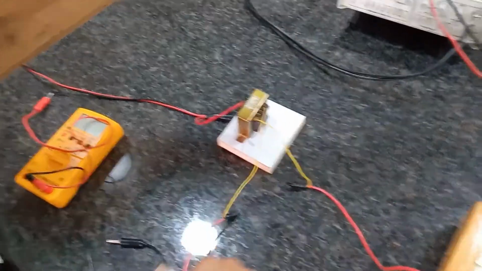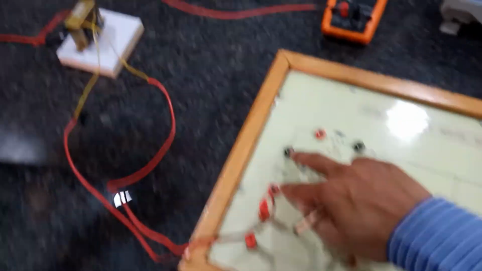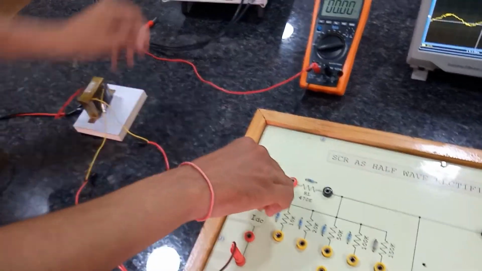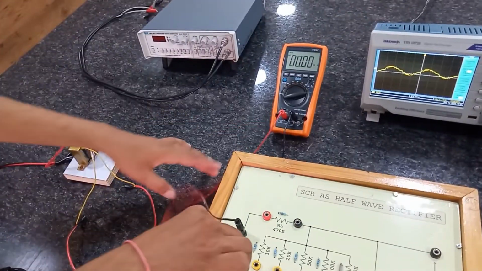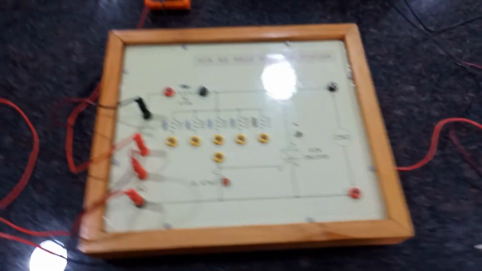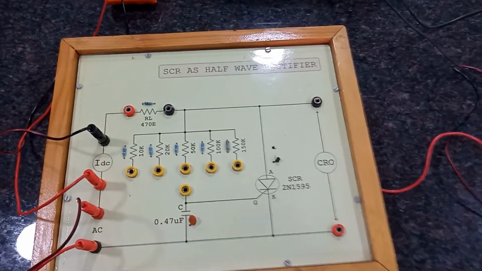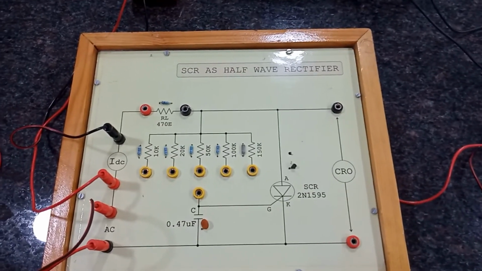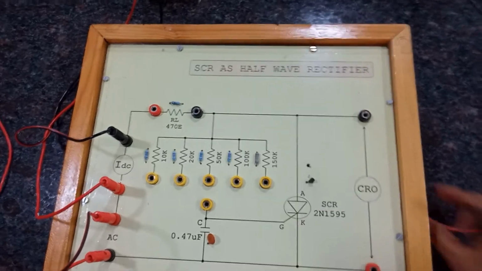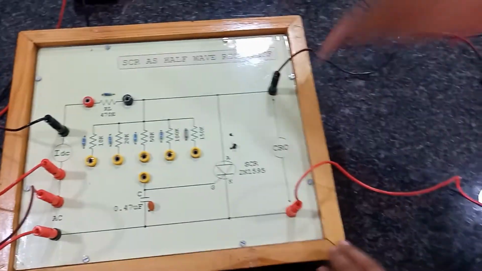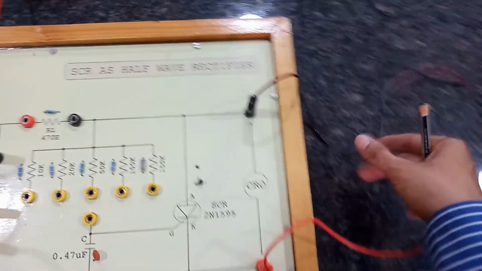Fine? Okay. Now let us connect the multimeter IDC. Right, the multimeter we are connecting. Okay, fine. Now let us connect the CRO. For the CRO, we will connect the negative terminal and the positive terminal, right?